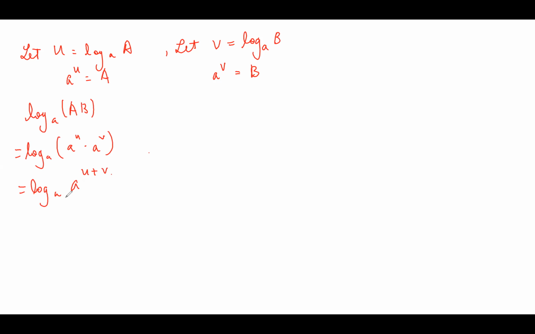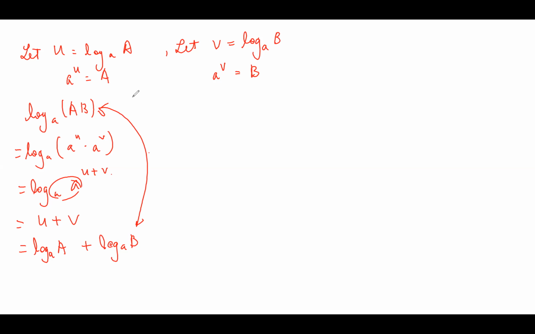And now, remember, one of the rules, if we have the same base, then it is equal to u plus v. And then what is u plus v? U is log base a of a, and v is log base a of b. Right? So again, we prove that.